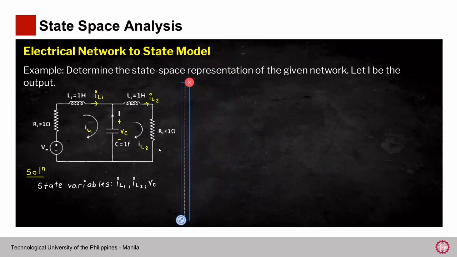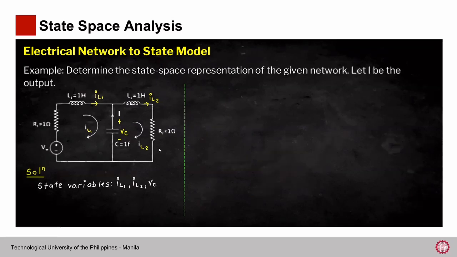It would be difficult to verify the correctness of your answers if they were all different. So to answer that question, yes, the order matters. If you rearrange it, the answer will be different. Again, I'll be specifying the order of the state variables when you solve the problem. At any rate, let's use this order: IL1, IL2, and VC.